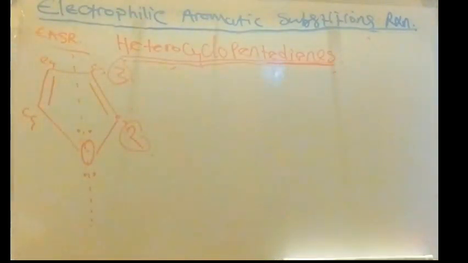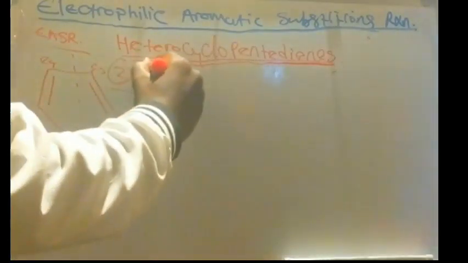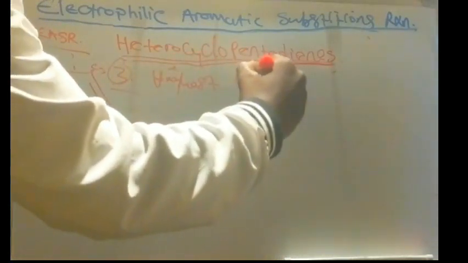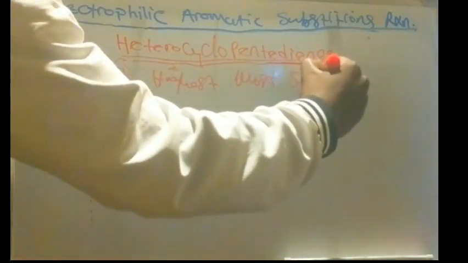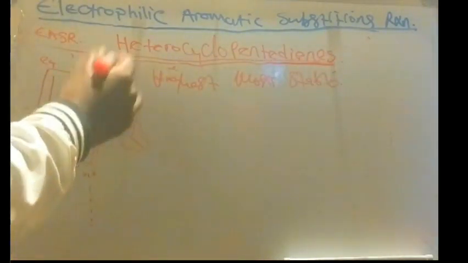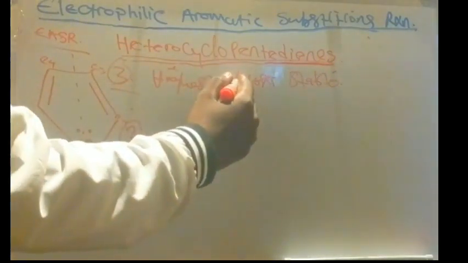This information gives us the relative stability. So 3, which has the highest resonance structures, is the most stable. Carbon number 2 here, which had 3 resonance structures, is the most stable.